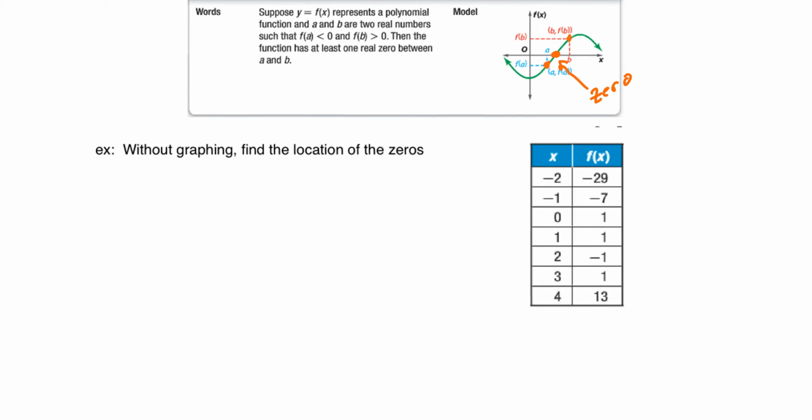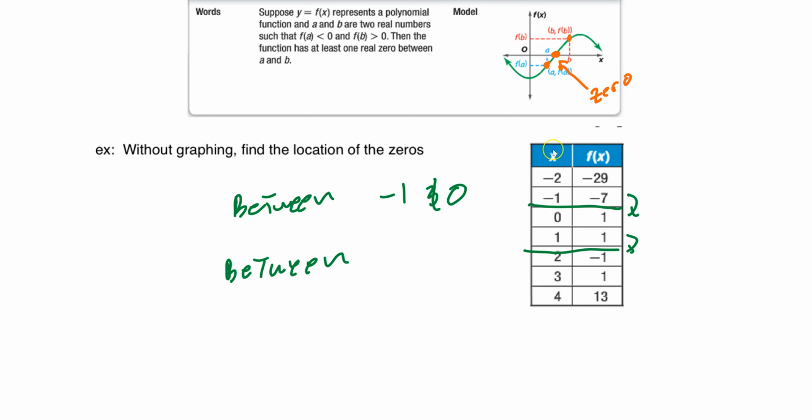So without graphing, let's see if we can find the location of the zeros here. So negative, negative, positive. There's 1 right here. So there's 1 between -1 and 0. So that's 1, 0. And then, so when it's negative, positive, positive, positive, negative. So there's 1 right here. Switch the signs again, right? From here to here, from here to here. So between, now again, notice it's between the x values we're talking about. So between 1 and 2. Right, so where does it happen?